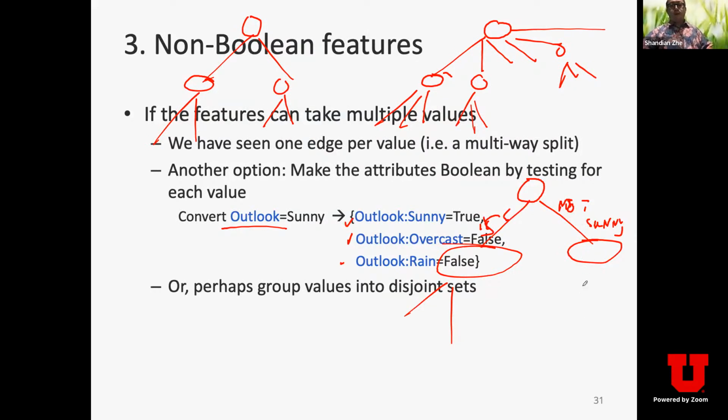Then you're gonna compute entropy and information gain for the remaining attributes. Maybe next time it will pick a second binary feature, whether your outlook is overcast or not. Then this branch will be overcast, this one will be not overcast, and so on. And you can convert every categorical feature like humidity and wind into these binary features, and then your decision tree will be just a binary tree.